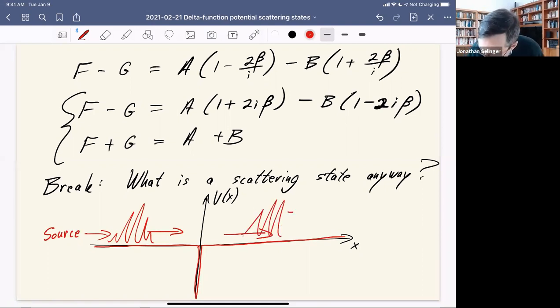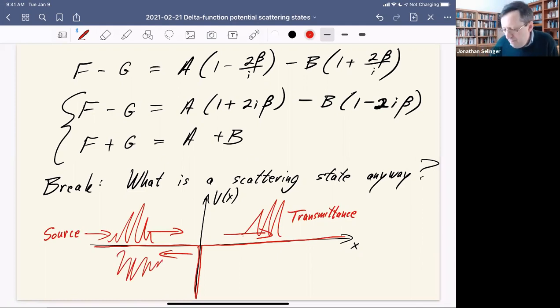This is what we would call transmittance. Another possibility is that the wave could get reflected off of the potential and head back towards the original source. So we could have something like this going back towards the source. That is called reflectance.